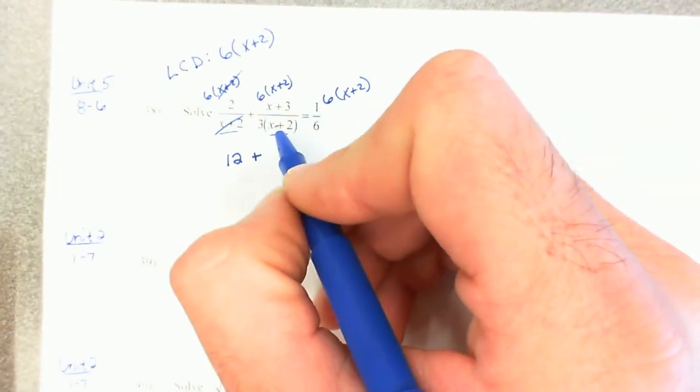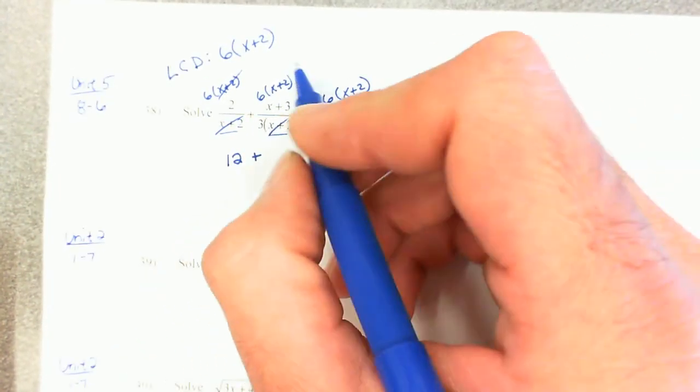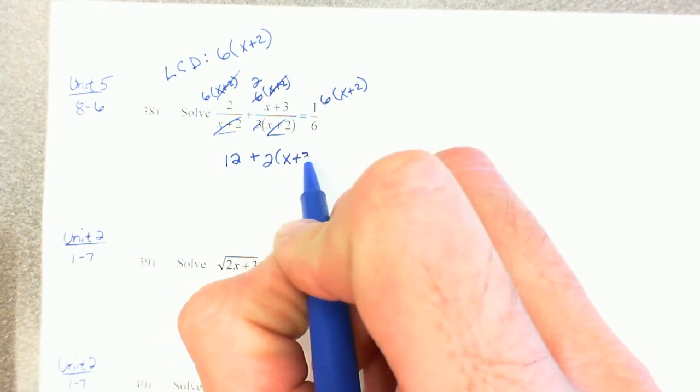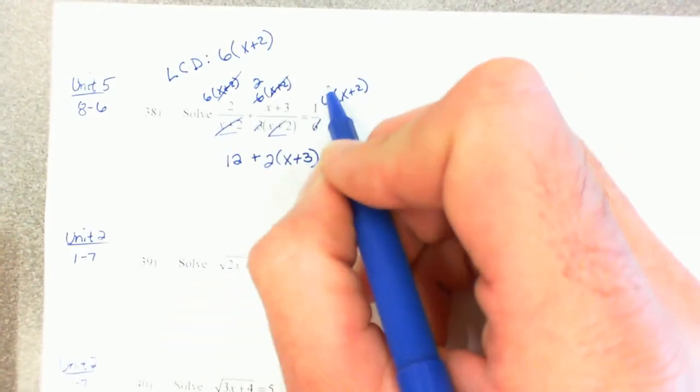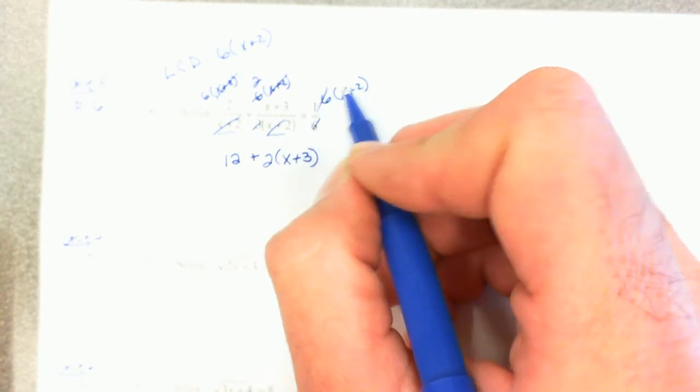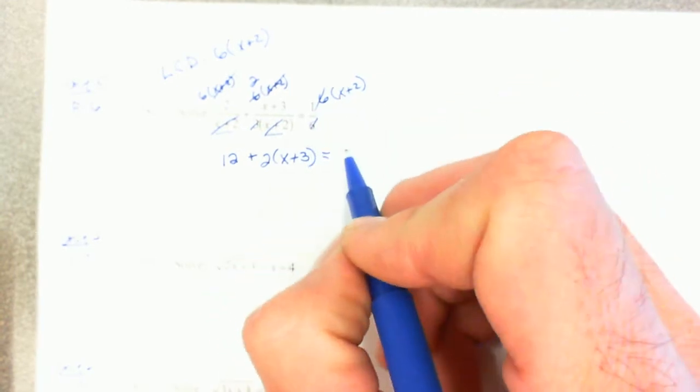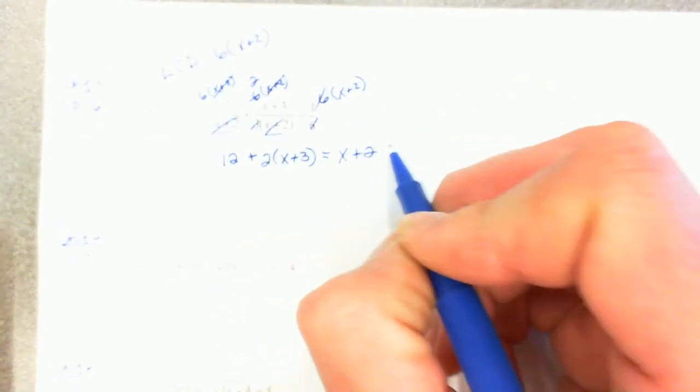Plus, on this one, the x plus 2 cancels with the x plus 2, and the 3 cancels with the 6 and leaves you with a 2. So now we have a 2 times x plus 3. And then in this last one, the 6 cancels with the 6, which leaves you with 1 times x plus 2, which is just x plus 2.